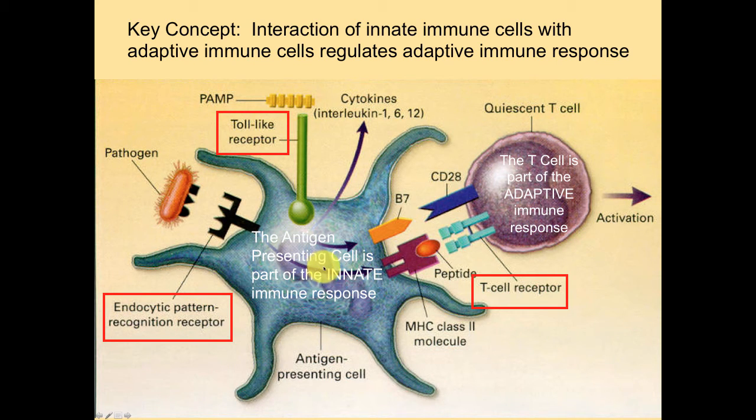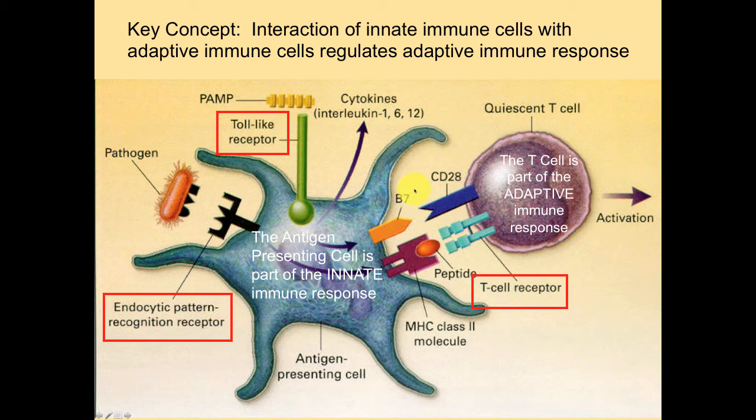And the second important part of this process is that this antigen-presenting cell also has to express what are referred to as co-stimulatory molecules that will engage with partner co-stimulatory molecules expressed on the surface of the T cell. And the most important co-stimulatory molecule for initial T cell activation is a molecule called CD28, which engages with another molecule on the surface of the antigen-presenting cell called B7.